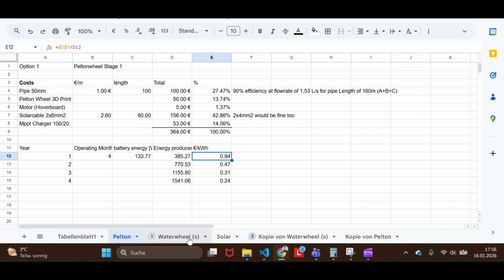If you like, I can go into this as well. And yeah, I have to compare it to solar as well, because solar is relatively cheap. But the problem is in the winter months, it doesn't produce very much.